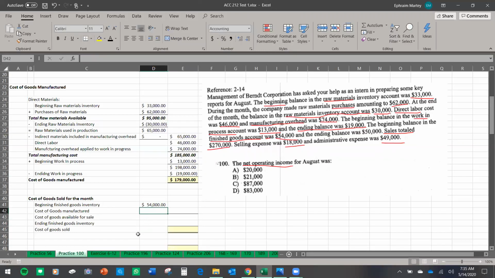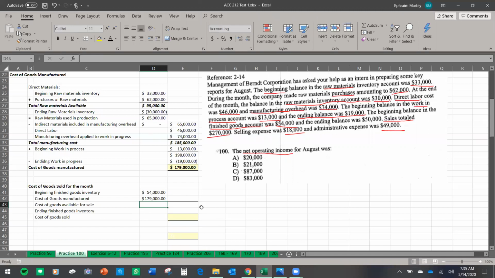So we know that is 54,000. Now, what is our cost of goods manufactured? We already have it here, so we don't need to look for it. The cost of goods manufactured is this one, 179. Once we have our 179, what else do we need to do? We need to add those two together. We add this plus that, and then we have 233,000.